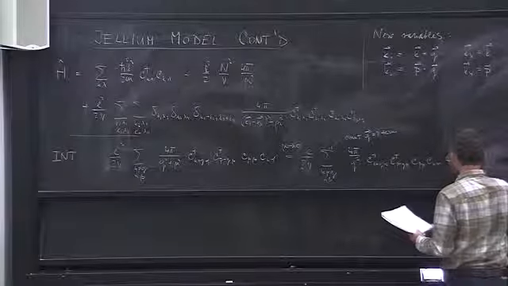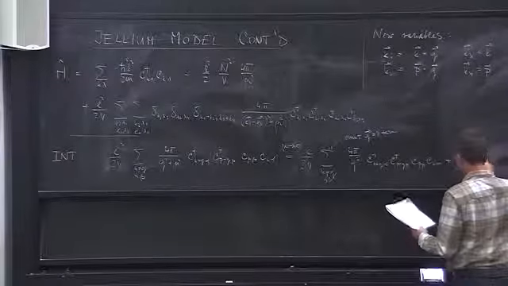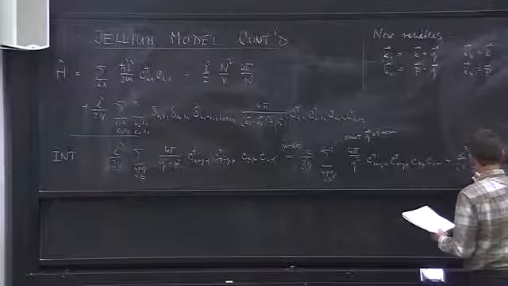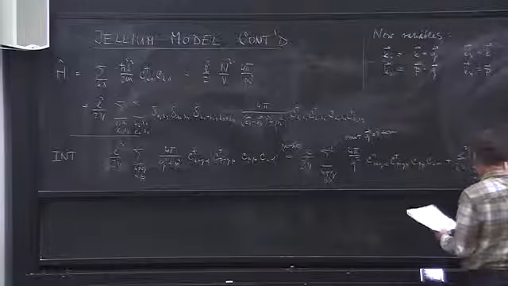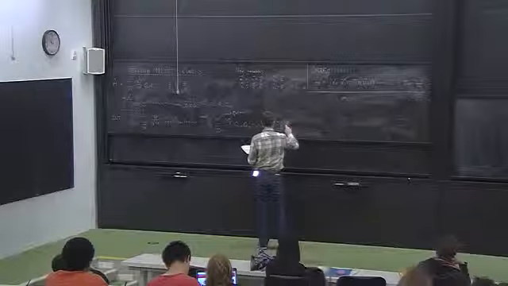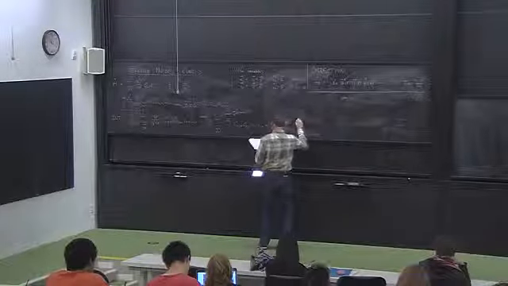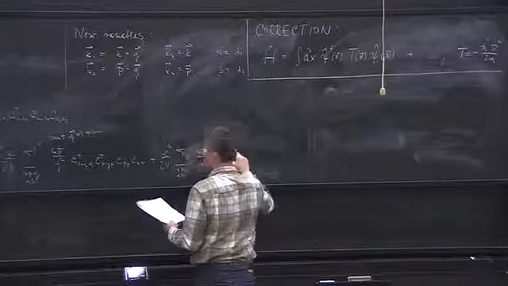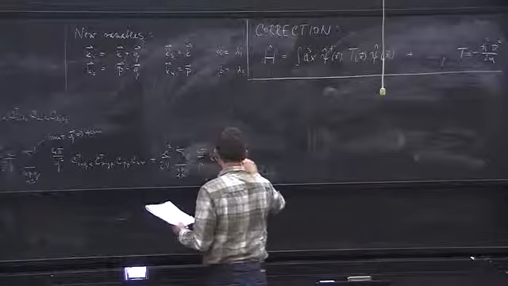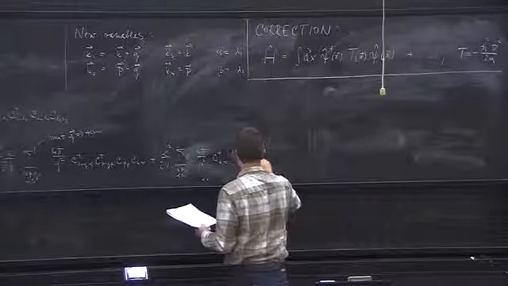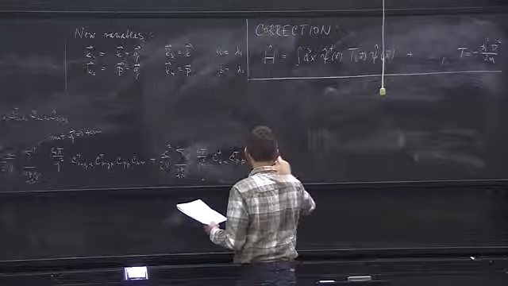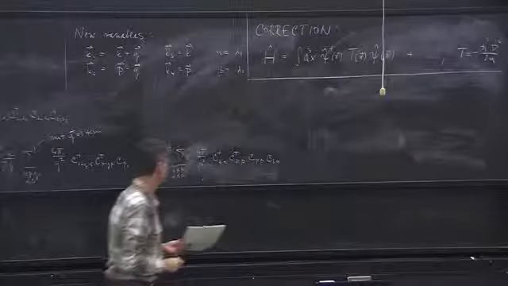So I write this as follows: sum over k, p, alpha, beta, 4 pi over mu squared, c dagger k alpha, c dagger p beta, c p beta, c k alpha.